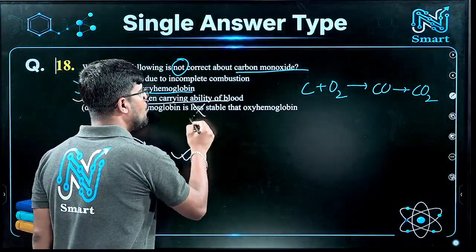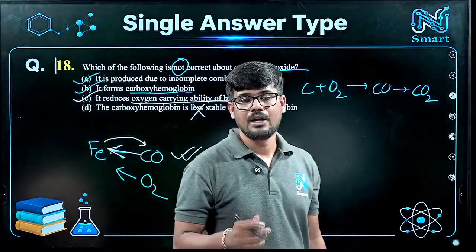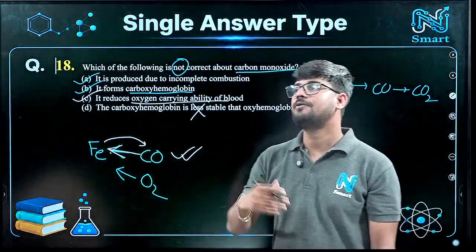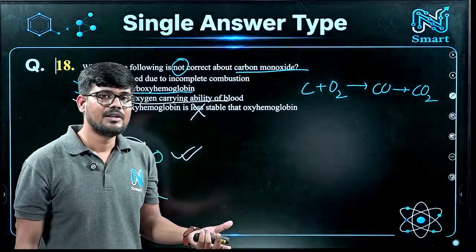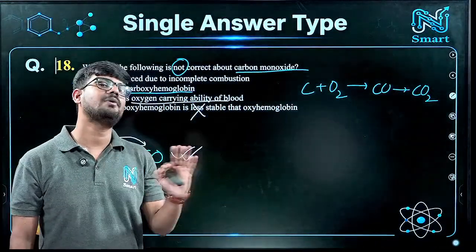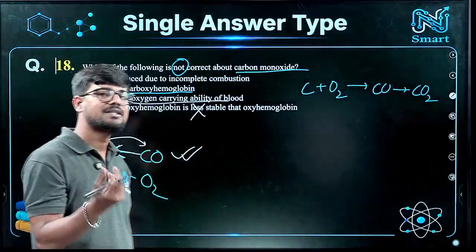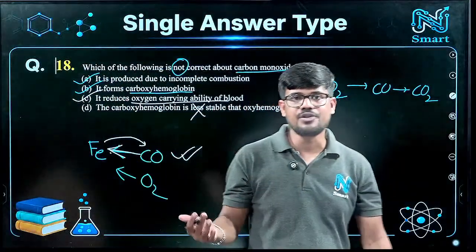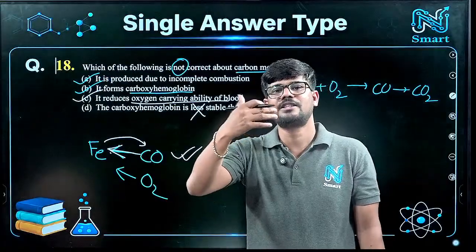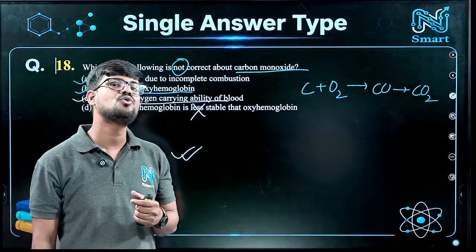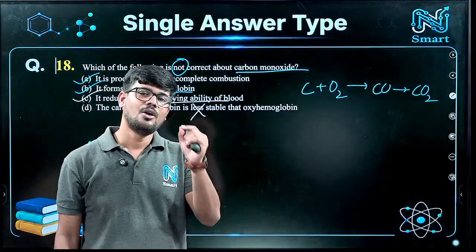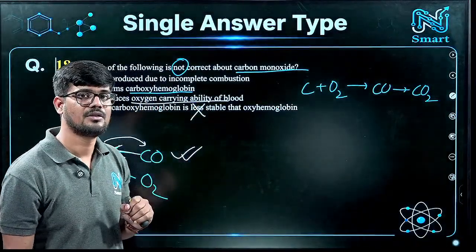Carboxyhemoglobin is more stable than oxyhemoglobin. That's why, you know, if you keep breathing in a carbon monoxide atmosphere, then you will die. Definitely you will die. And what is the solution for this problem? For example, if you are experiencing a lot of carbon monoxide exposure, in that case you have to inhale almost 100% oxygen. Why?